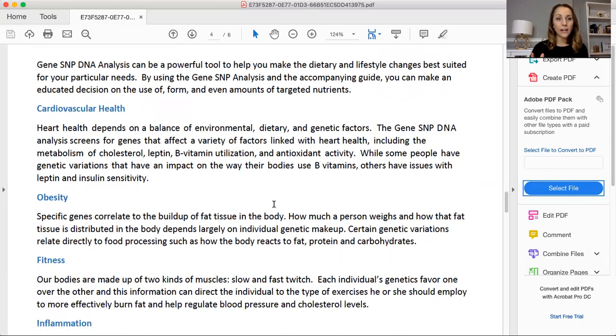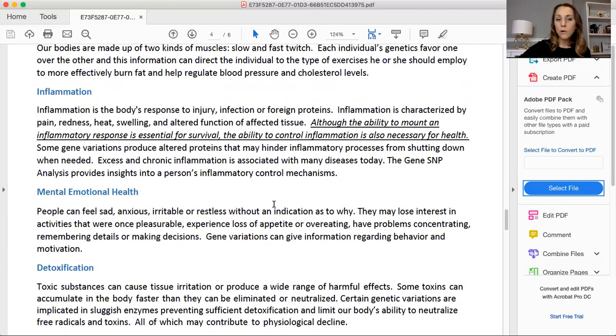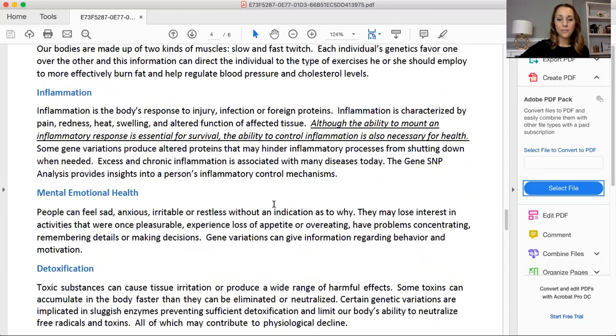We look at cardiovascular health. And so you can read through this guide, how we're looking at cardiovascular health, how we're looking at obesity, how we're looking at fitness, inflammation, mental, emotional health, and detoxification. And so you as a practitioner, you may be a specialist, you may be a licensed mental health counselor, and you're going to prioritize potentially the mental emotional health genes.